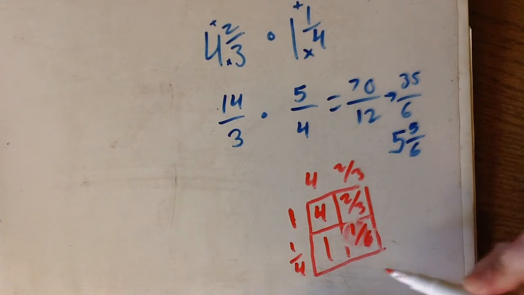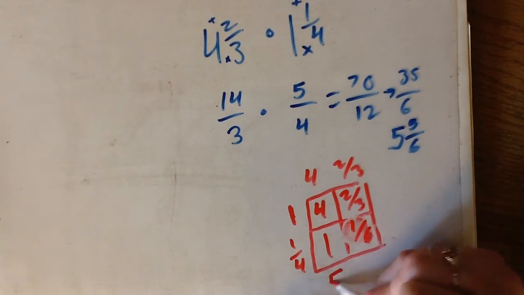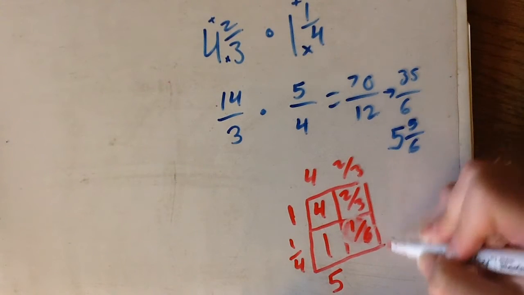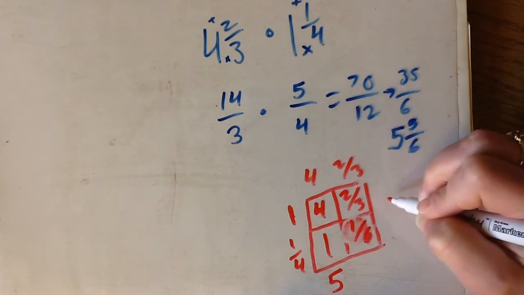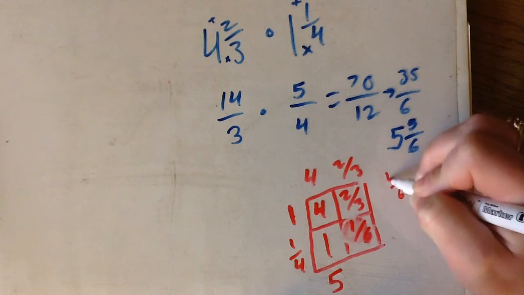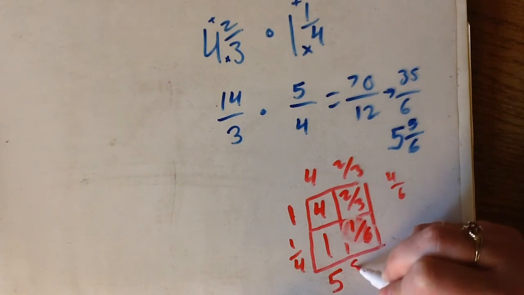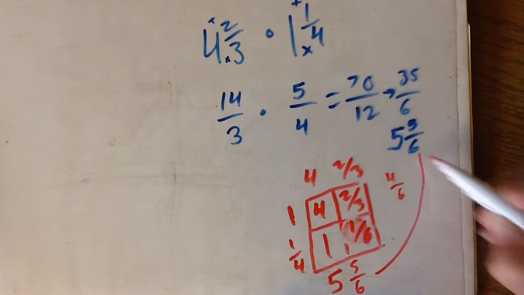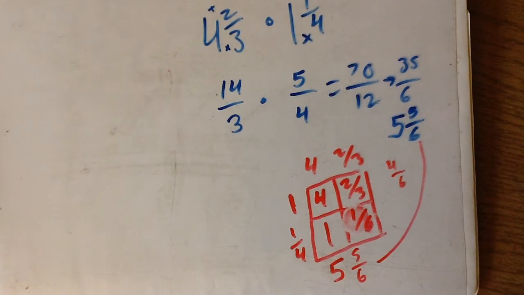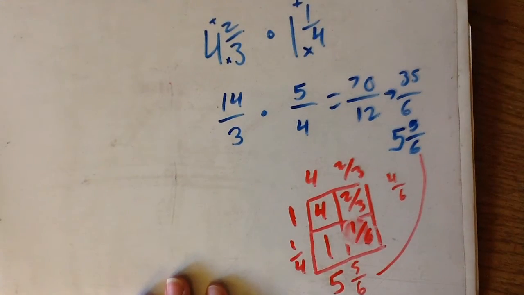Now we need to add all these pieces together. So we have 5, and then 2/3 and 1/6. We change this to 4/6 plus 1/6, so we get 5 over 6. So you see we get the same thing. It's just that for some of you that might be longer. That'll work if you have both of them as mixed numbers.